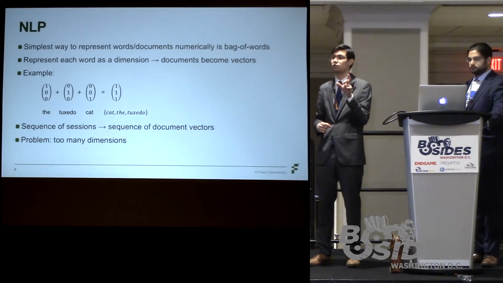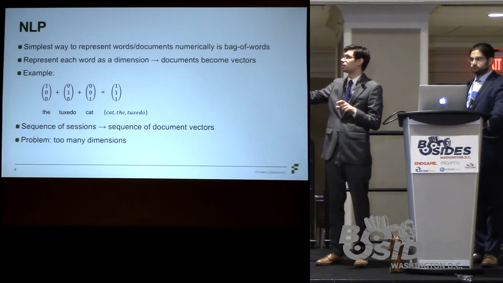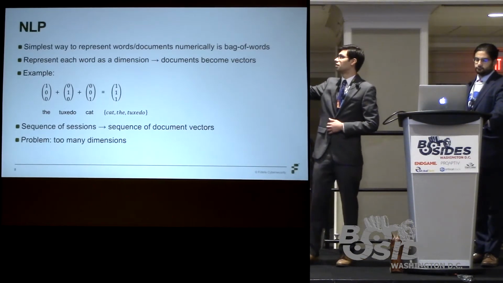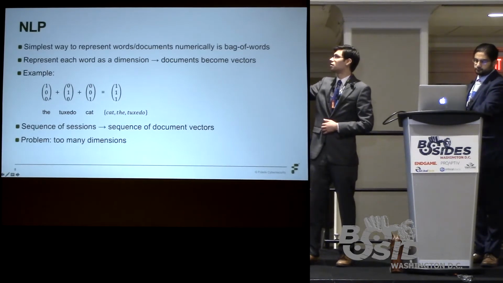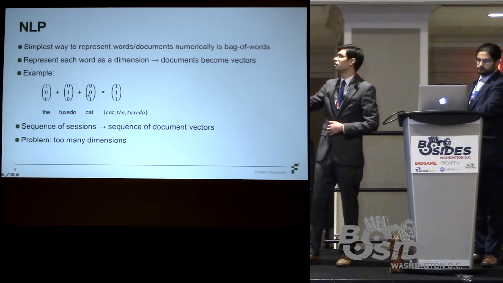So the vectors that we're going to use to represent the words in the document are going to be the size of the vocabulary. And each word is going to be represented by a one-hot encoded vector in this space, which means it's 1 in one place and 0s in all the others. So the, we could arbitrarily represent with this vector here, 1, 0, 0, tuxedo, 0, 1, 0, and cat, 0, 0, 1.